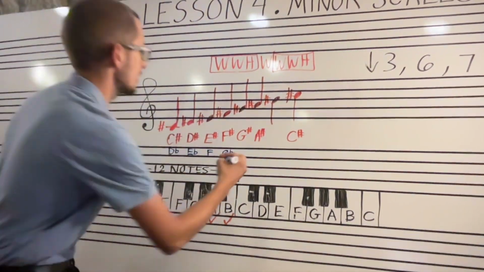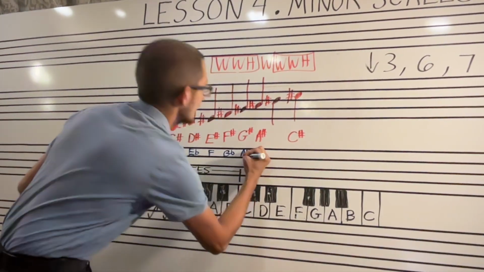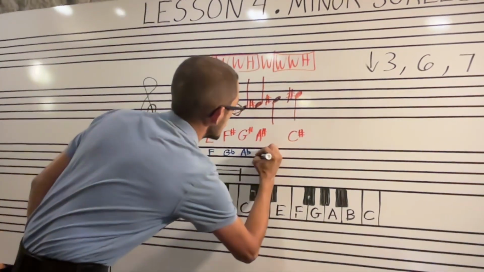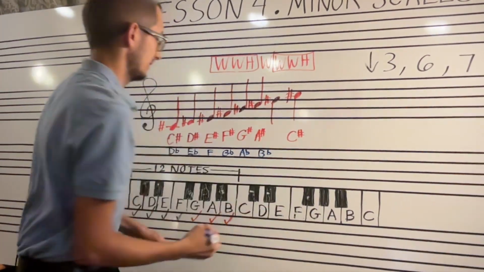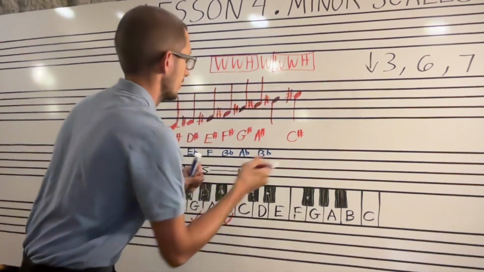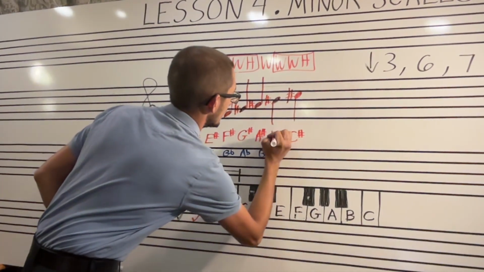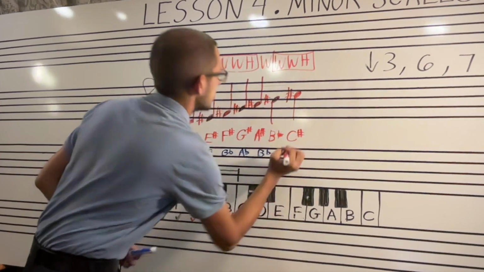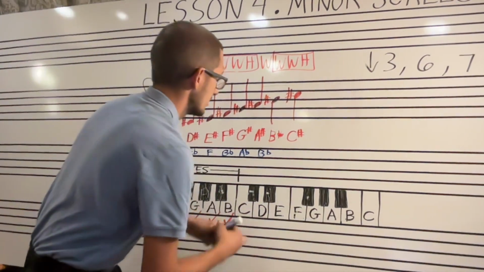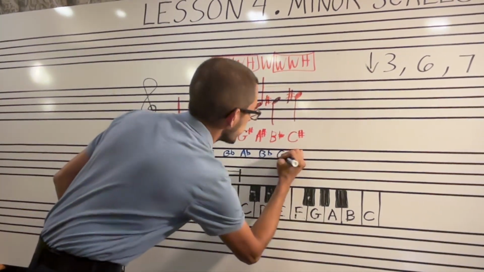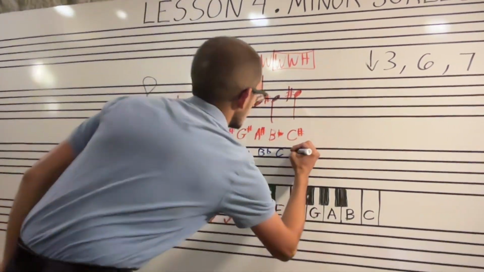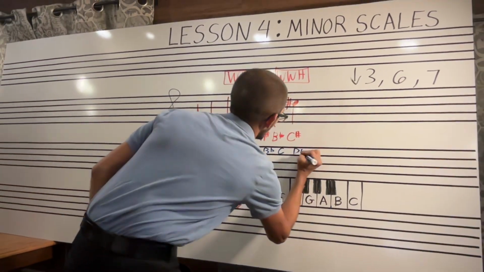Instead of G sharp, it uses A flat. Instead of A sharp, it uses B flat. Instead of B sharp, it uses the note C. And instead of C sharp, it uses the note D flat.